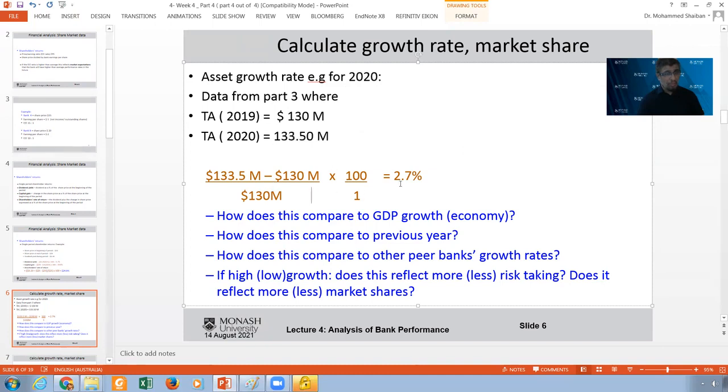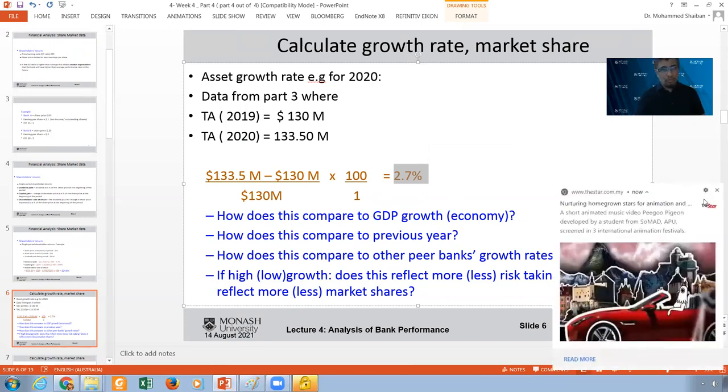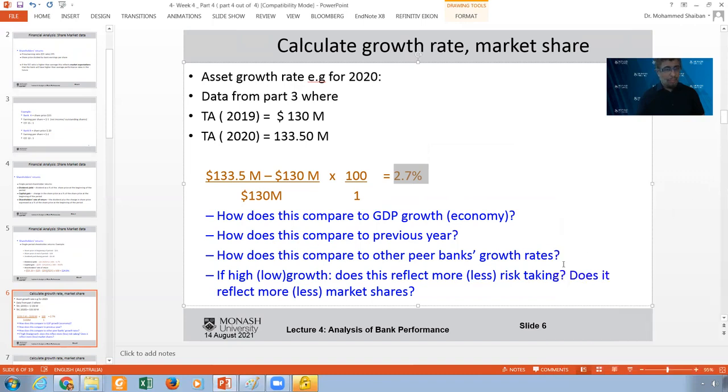So you can calculate the growth, which is 2.7%, and you can compare this growth to the other growth in the industry and ask whether the growth was compared to GDP. Maybe the whole country is growing and the GDP growth is increasing. So the economy is increasing and banks are one of those; the growth is impacted by the economy.